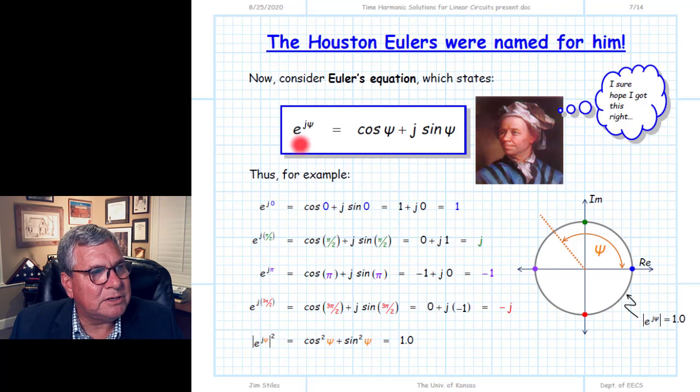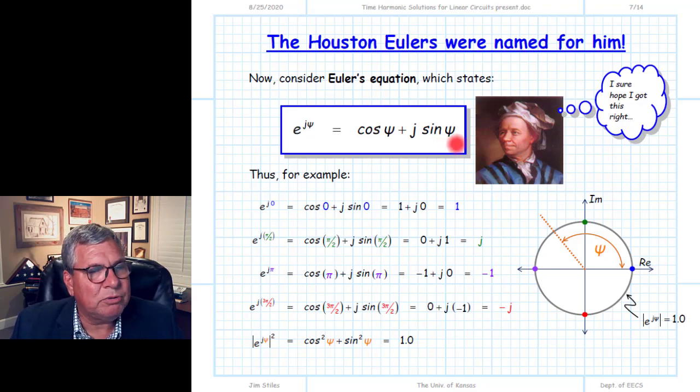Euler said that if we take an exponential and the argument of that exponential is a purely imaginary value, j times phi, phi being an angle, then the result is a complex number. Again, the argument j phi is purely imaginary, phi being a real value. The result is a complex number which has a real part equal to cosine of phi and an imaginary part which is equal to sine of phi.